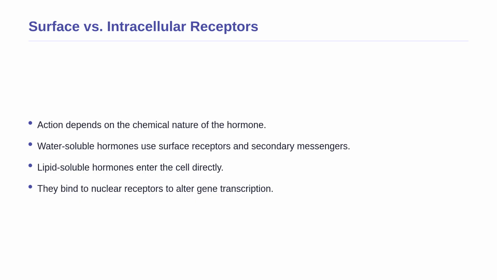For lipid-soluble hormones, like testosterone, the hormone actually enters the cell, binds to a nuclear receptor, and directly alters gene transcription. Ultimately, it is a precise sequence of molecular dominoes falling to change the cell's behavior.